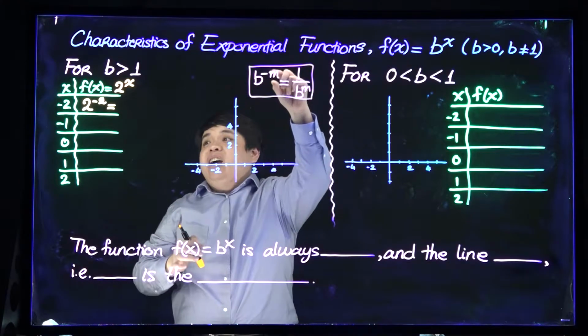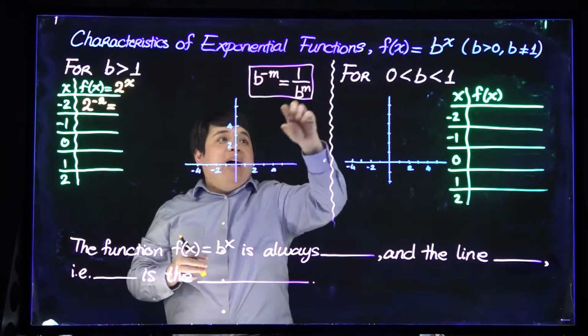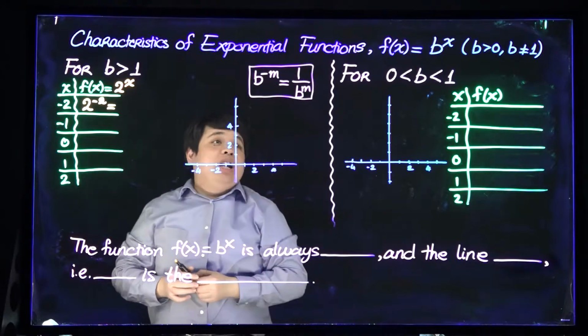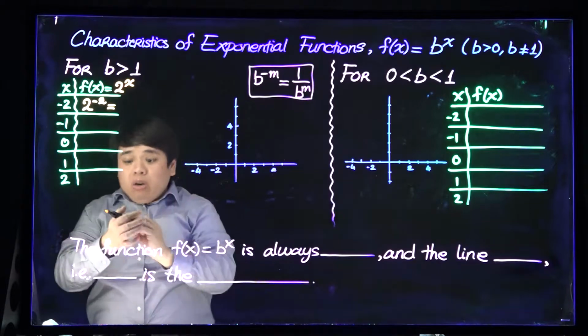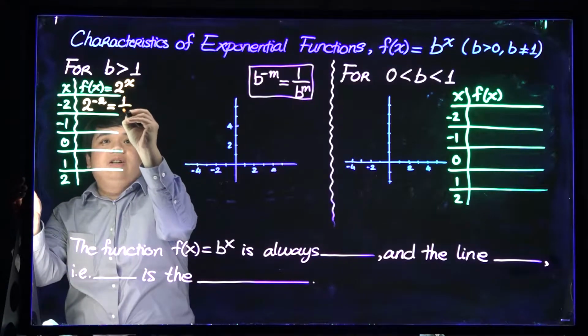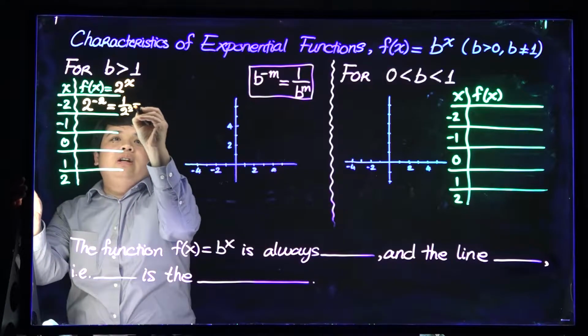If the exponent is negative, we can move the whole term down and turn it to positive. They usually say cross the line, change the sign. So we'll do that and turn to positive, and that is 1/4.